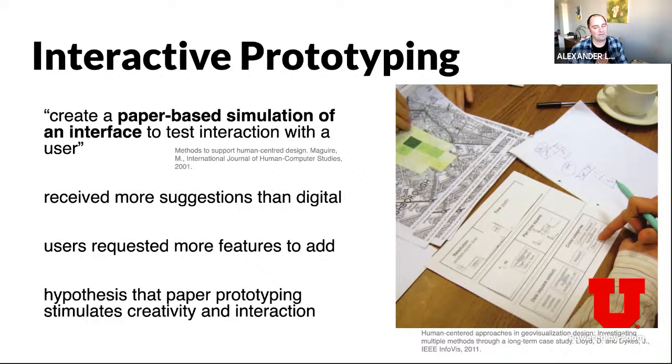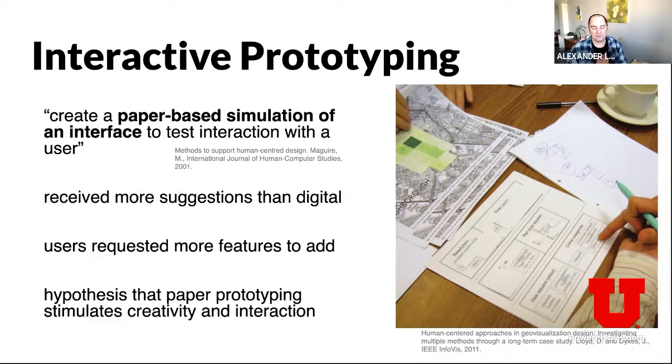You can create these interactive prototypes with wireframing tools nowadays. You can get really sophisticated tools that allow you to almost simulate an application very close to what it is. But there's also something to be said for good old paper-based simulations.